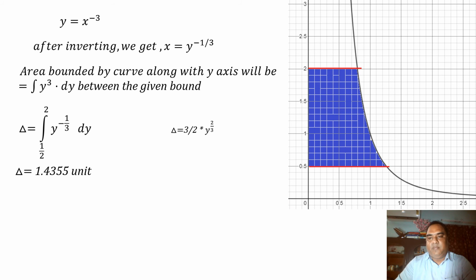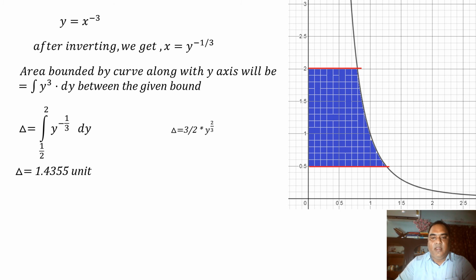You can also be asked to compute the area along with the y-axis and the curve. In that case, we need to invert the equation and do the integration with respect to dy, in the y direction.